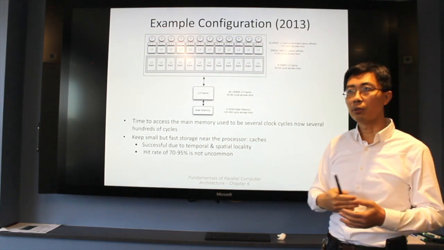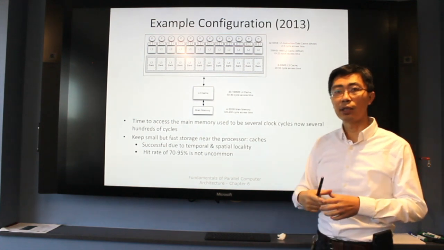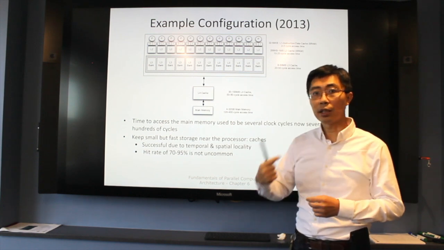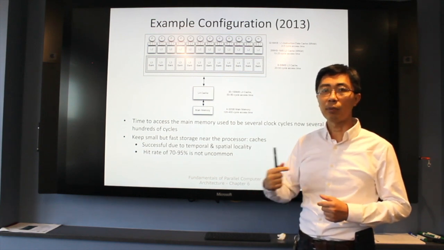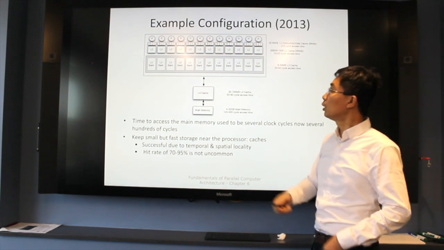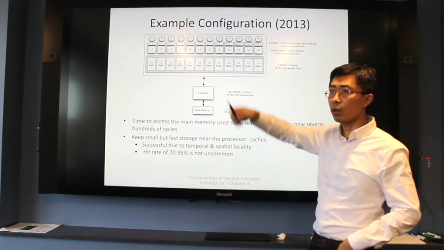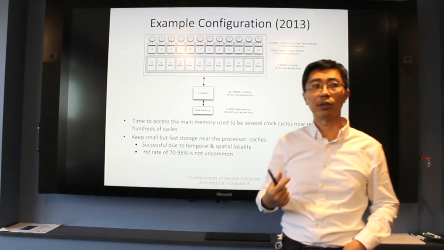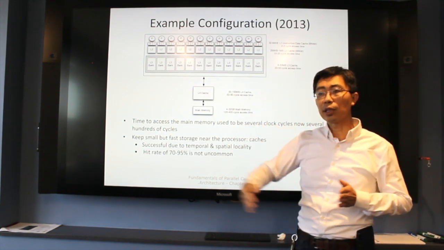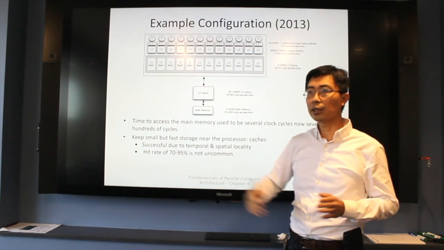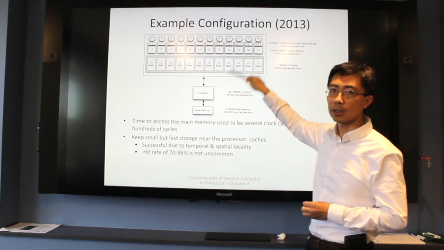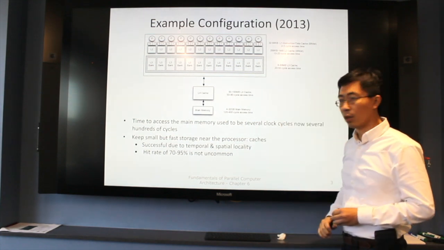So the way to mitigate that is to provide a temporary memory called cache, such that the data that you want can be found in the cache in just a few clock cycles. Now, obviously, if you can't find it in your cache, you have to go to the memory again. Because the gap in access time is so big, you provide multiple levels of caches.